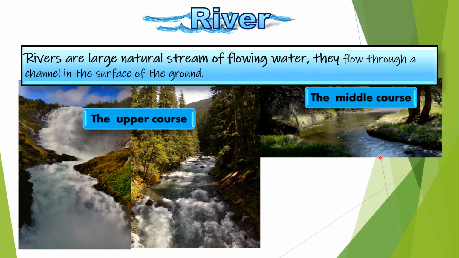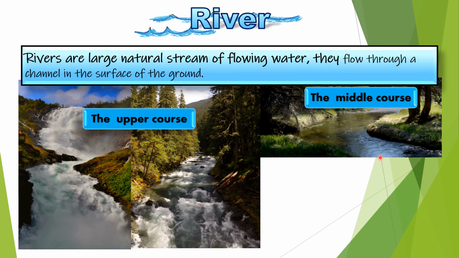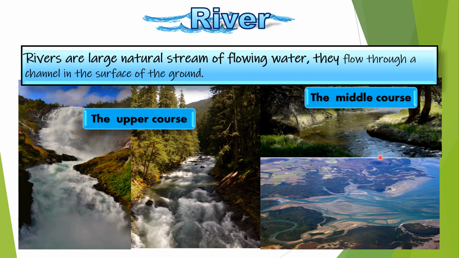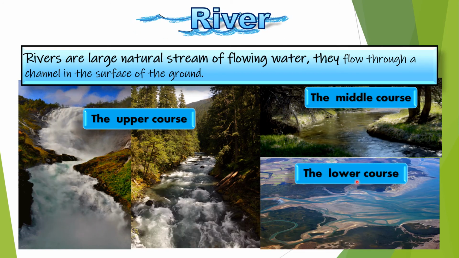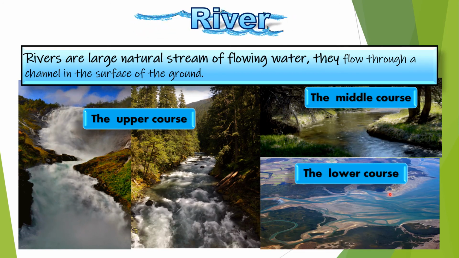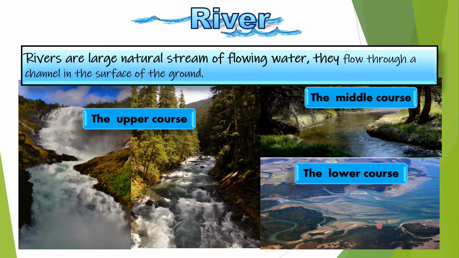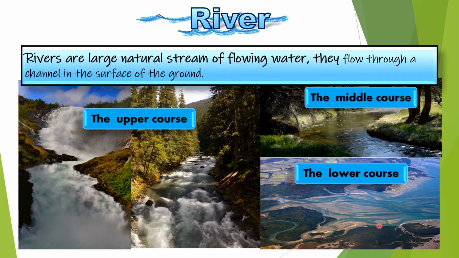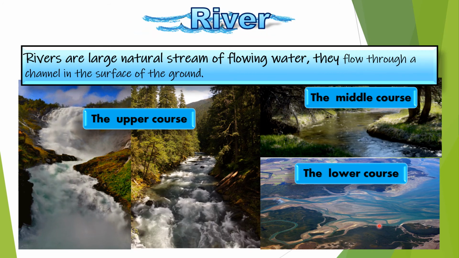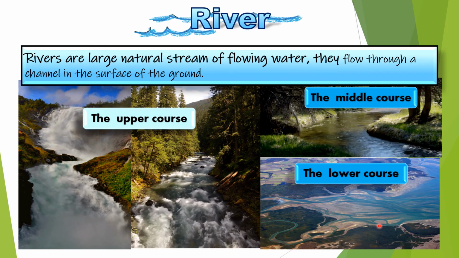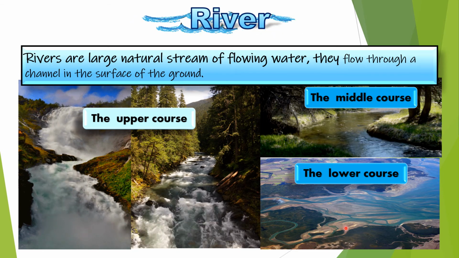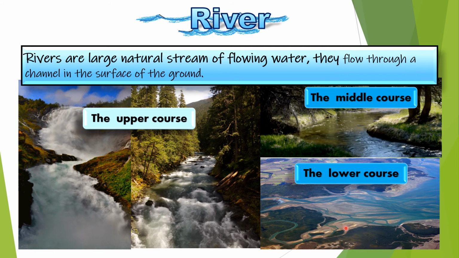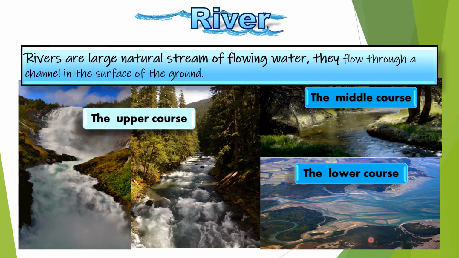The second stage, the middle course or mature course, covers the maximum part of plains. After this comes the lower course or the old age. This is the stage where rivers prepare themselves to meet ocean or sea. Okay, here they make a delta, they deposit silt, and after that they join the ocean or sea.